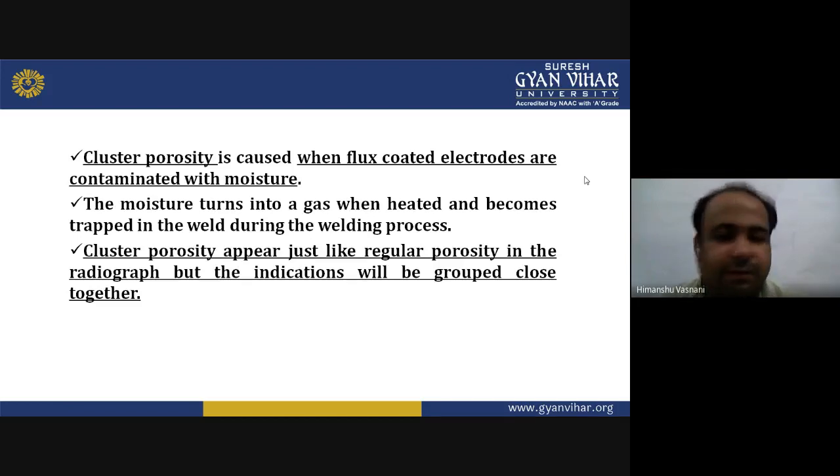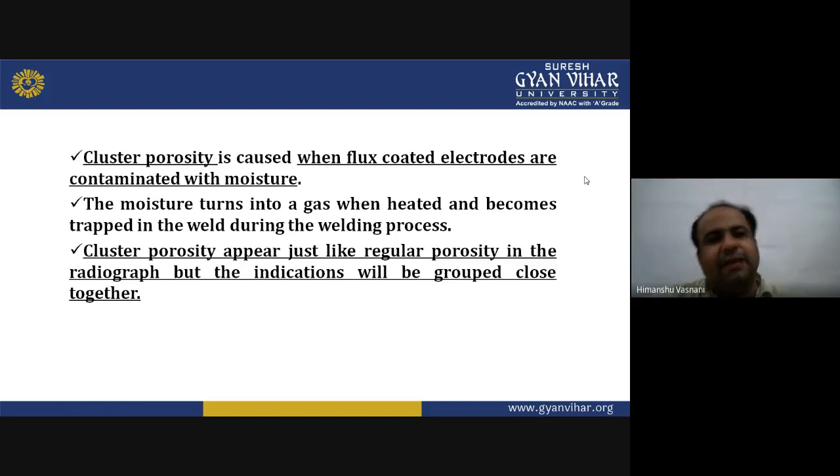If there is moisture on the electrodes, what happens when the welding happens? This moisture turns into a gas when heated, and when this gas is trapped at the welding zone during the welding process, it becomes cluster porosity.